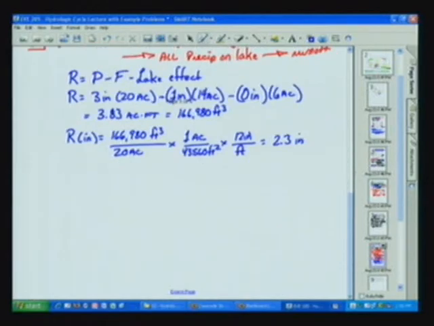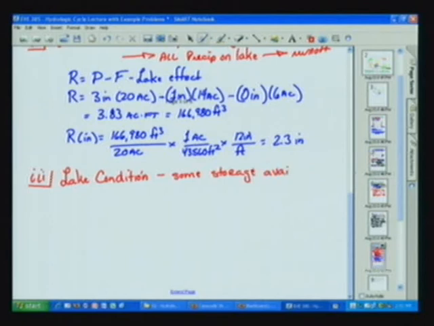And the final lake condition, there is some storage available. And we will call that X inches storage on the lake.